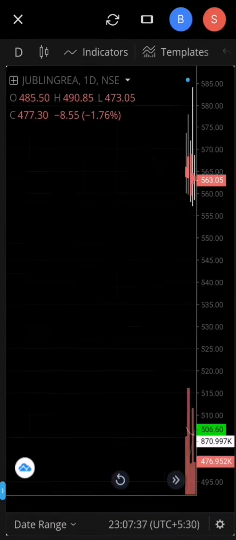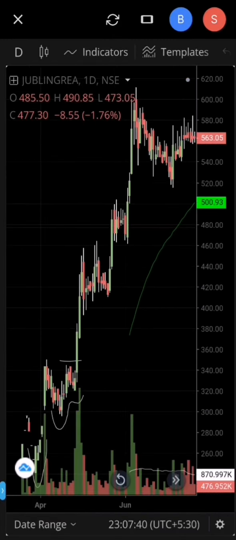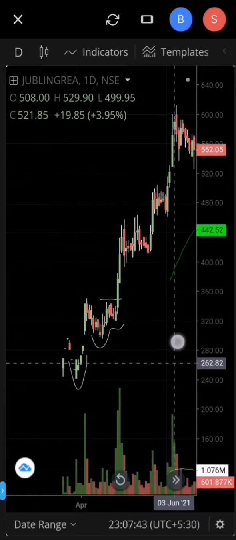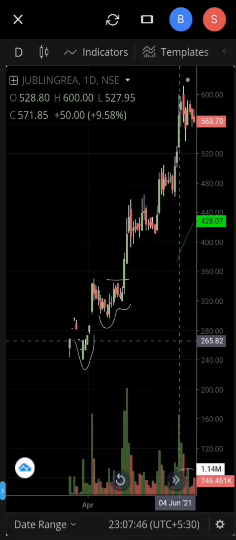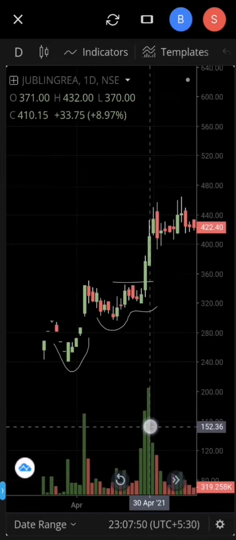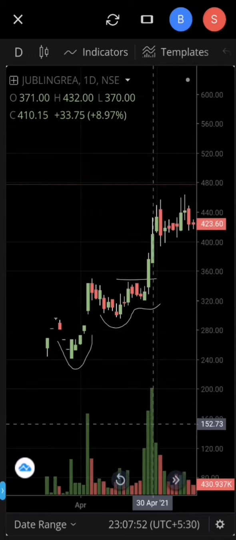Now let's see Jubilant Ingrevia. These all are primary IPO base examples. However, what I am doing is trying to take different cases, case by case, because each base is a different base. It's not like a signature base that you would get all the time.